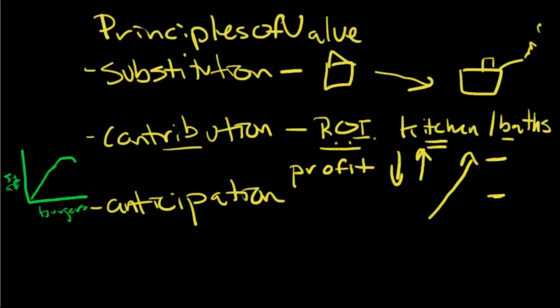Therefore they're going to hit a point of diminishing return where it doesn't pay to add any more employees because you can't serve any more people. That's a good example of the point of diminishing return. Always just think about that McDonald's example.